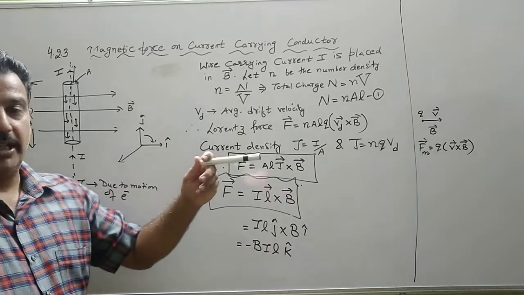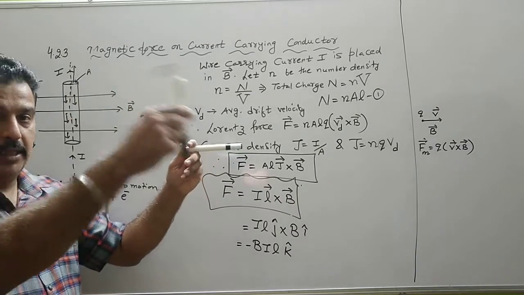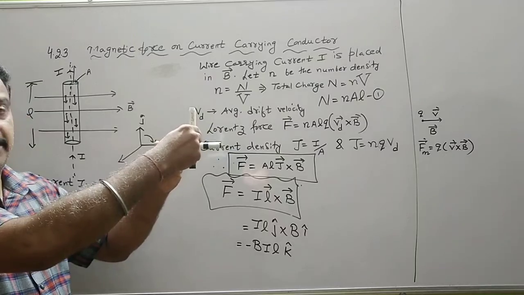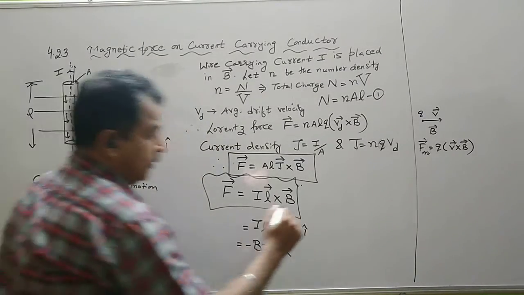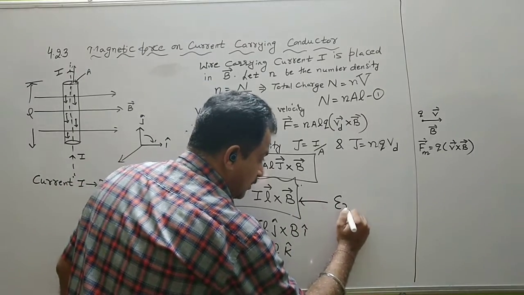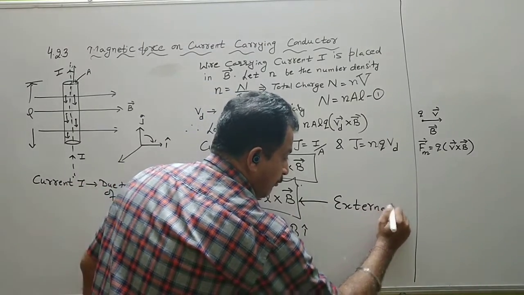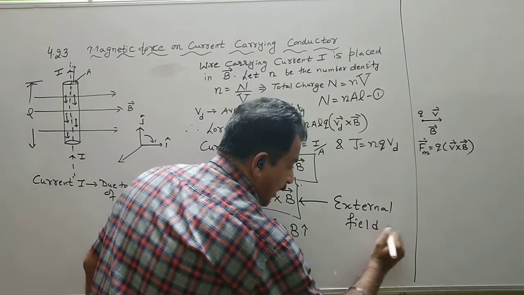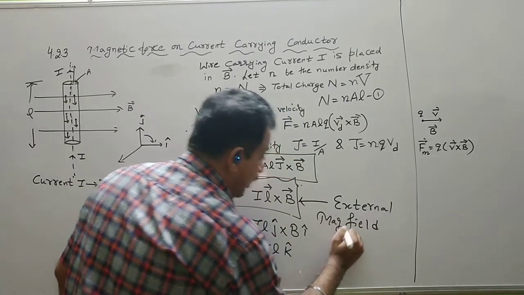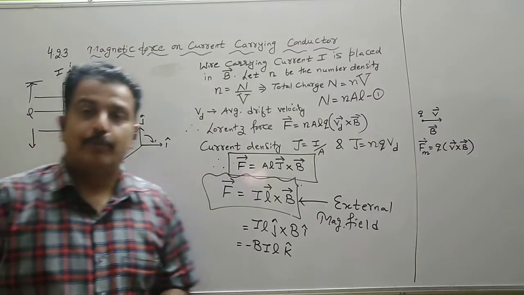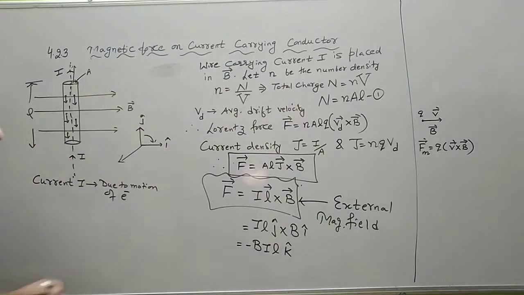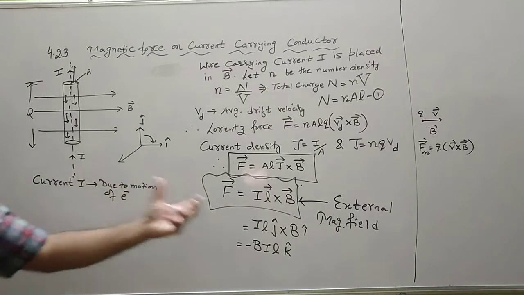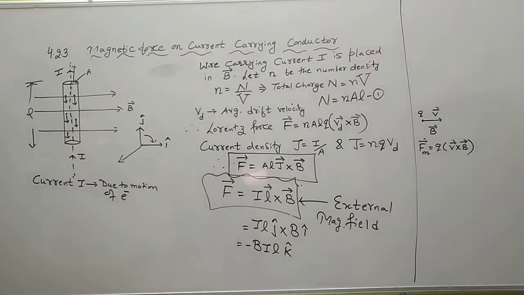So if the magnetic field is along the x-axis, and if I place a wire carrying current, it will move inward. You have to remember that this B is the external field. This B is the external magnetic field, and not the magnetic field produced by a current carrying wire. So this is the Lorentz force, or you can say the magnetic force on a current carrying wire.